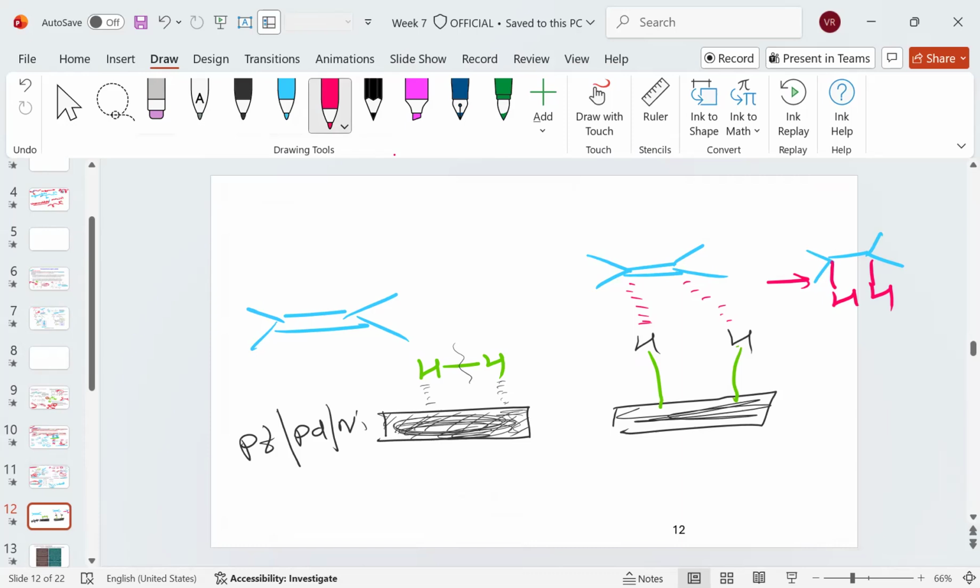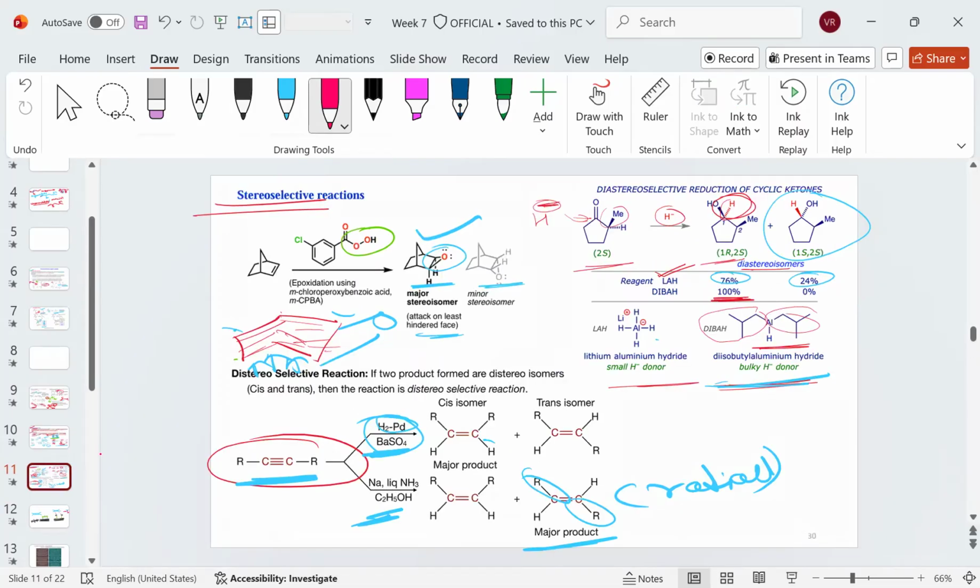So when you do the reaction on the alkene, we get the alkane in which the hydrogens are on the syn side. Now in this case, we are doing the reduction of this alkyne, but we are using barium sulfate. So the reaction stops at the alkene stage, and since we are using this alkyne and this palladium metal complex, we get the cis product as a major product.